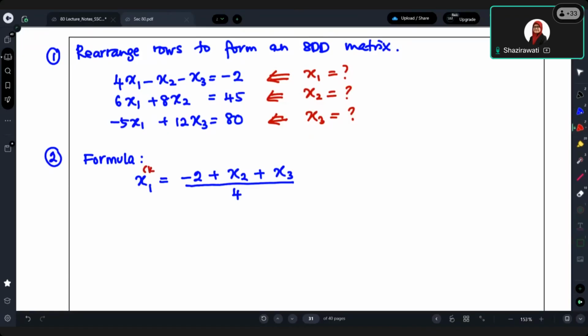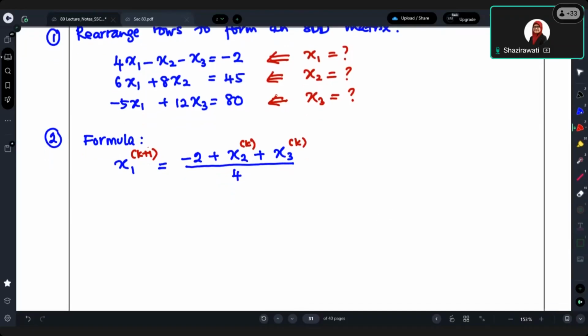Kita kena ada iteration notation. Itu baru penuh. x1, k plus 1. Iteration notation. Sebelah kanan pun sama, dekat x2 ada k, dekat x3 ada k, to denote the iteration number.